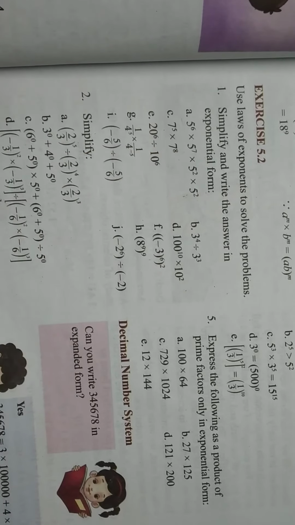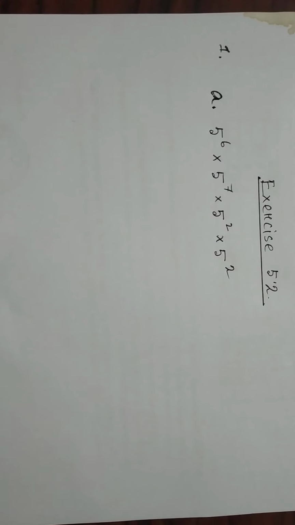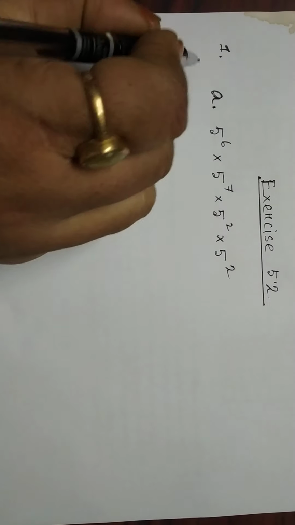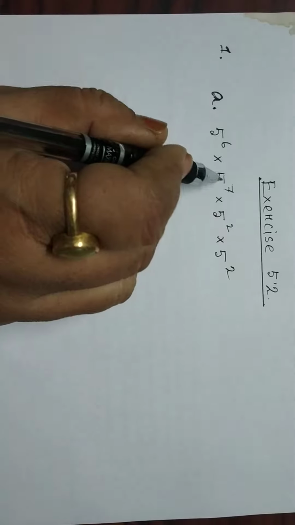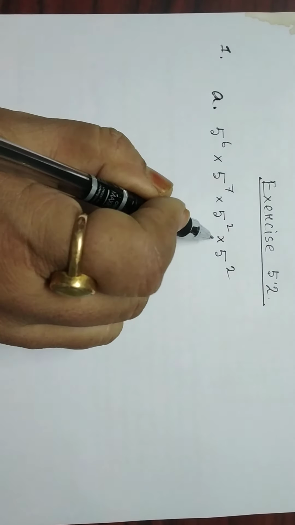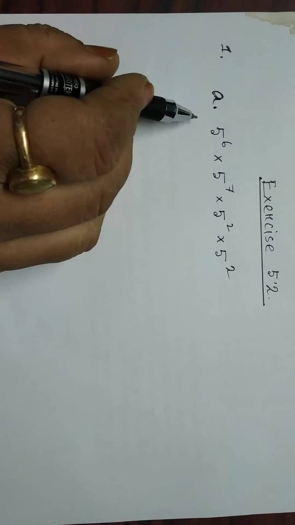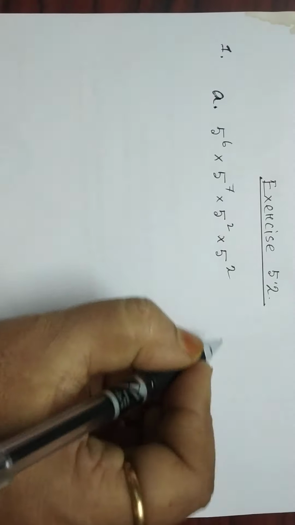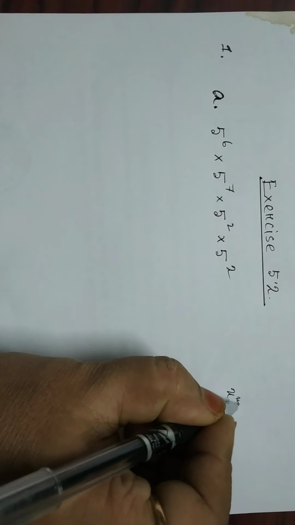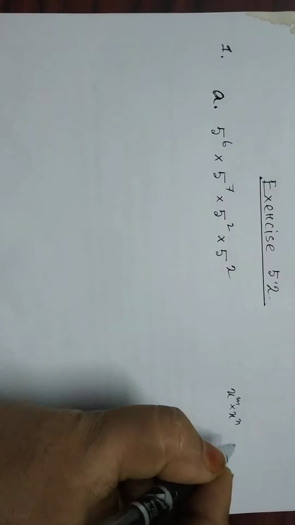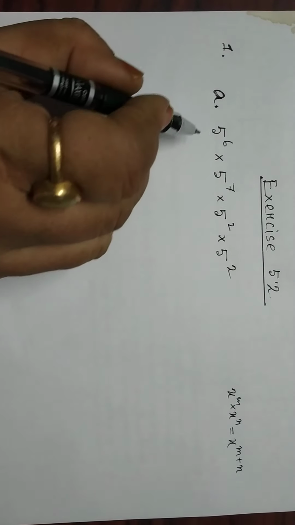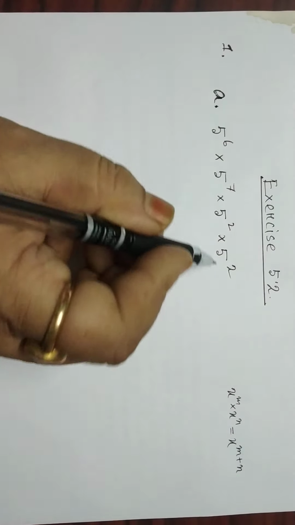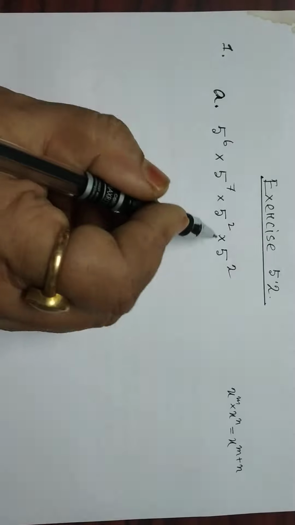We solve like this way. Question number 1a: 5 to the power 6 into 5 to the power 7 into 5 to the power 2 into 5 to the power 2. We know x to the power m into x to the power n, then we have to add the exponents. Here the bases are same, 5, 5, 5, 5, and multiplication signs are there.